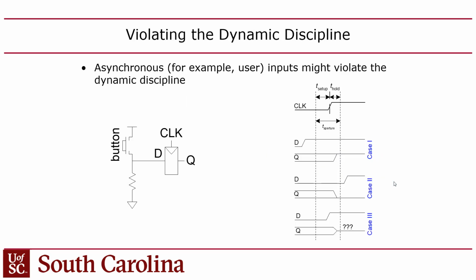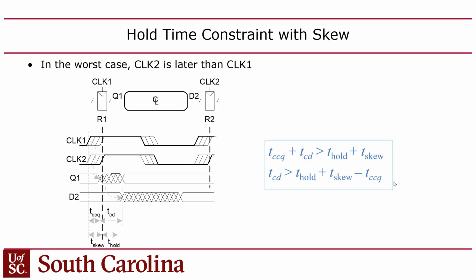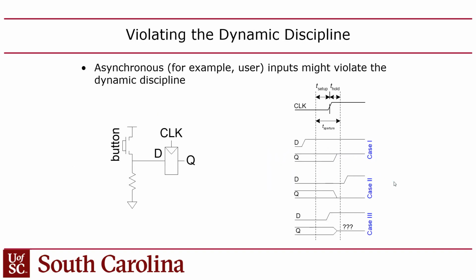Okay, so now let me talk about what happens if you change the input to a flip-flop during the aperture time. Does the chip explode or what happens? Turns out it's kind of subtle.